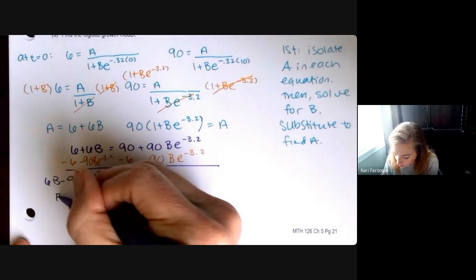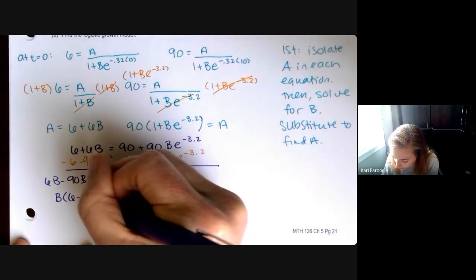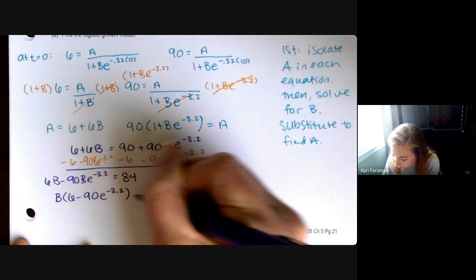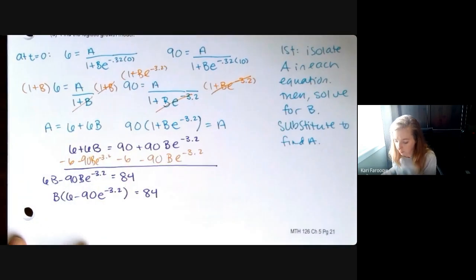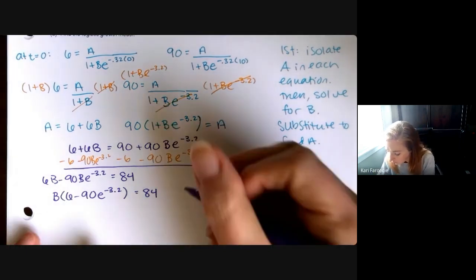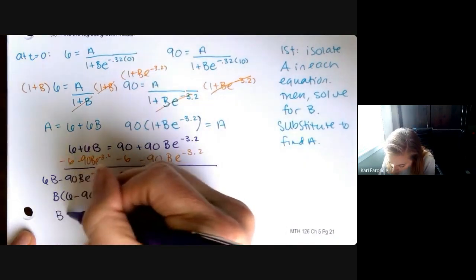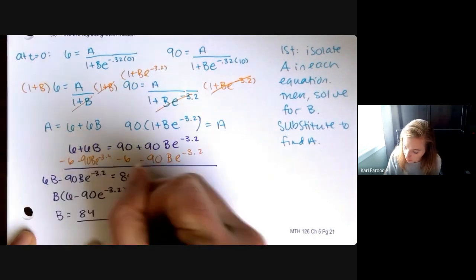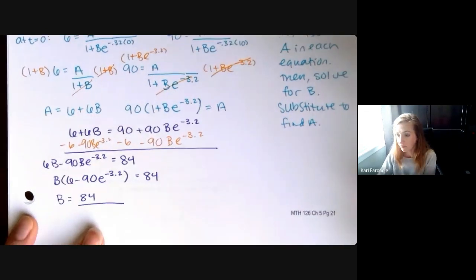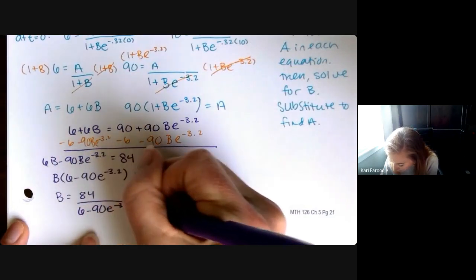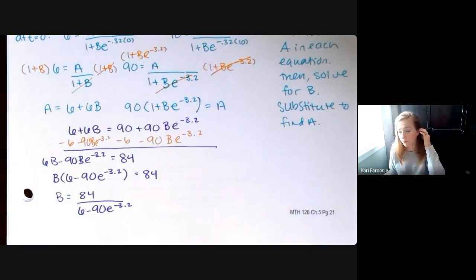I'm going to say that this is b times 6 minus 90e to the negative 3.2 is 84. Now I've factored the b out of the left-hand side. To solve for b, I can just divide both sides by this factor. So now we can say b is 84 divided by 6 minus 90e to the negative 3.2.